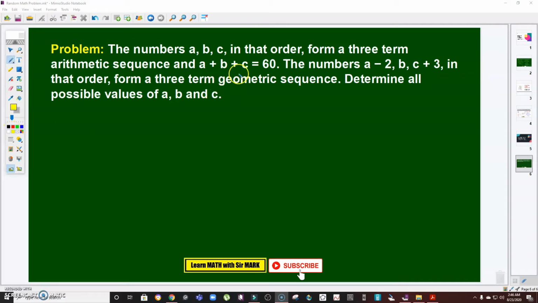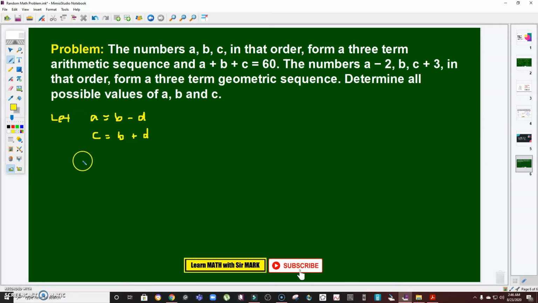So, it says in the problem that the numbers A, B, C form an arithmetic sequence. Since we have an odd number of terms, I'm going to let A equal B minus the common difference, retain B as is, and let C be B plus the common difference.